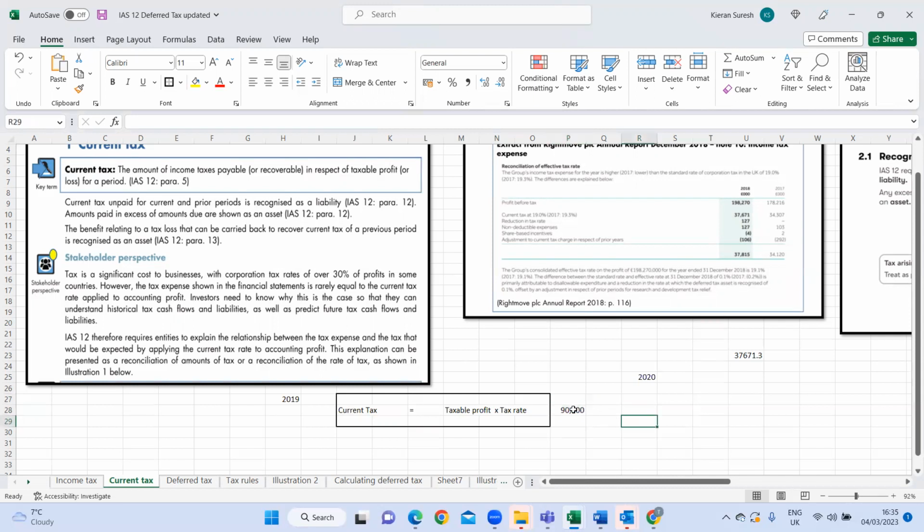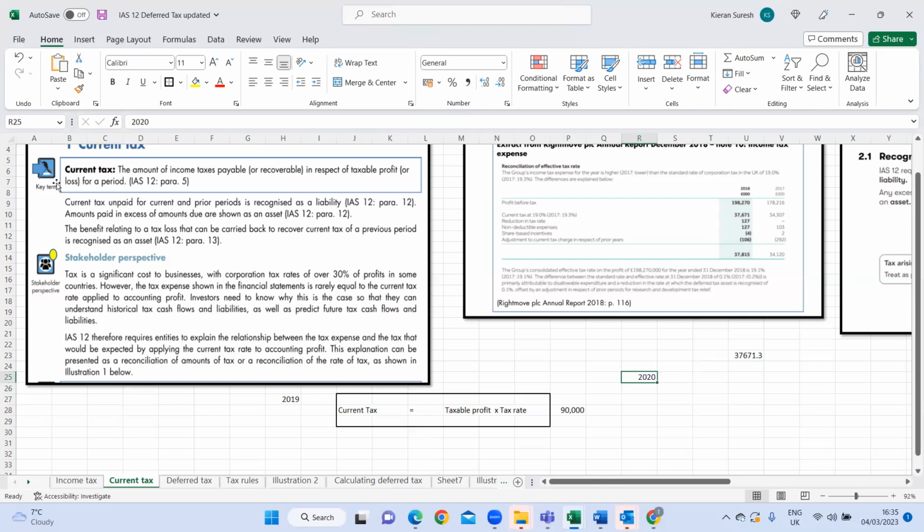So that 20,000, which is related to the previous period, would be added to my current tax liability. Also my 2020 liability, which would be calculated on the taxable profit, plus whatever liability I have from the previous period, everything would be added and shown as my current tax liability.